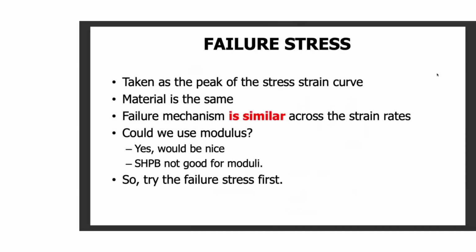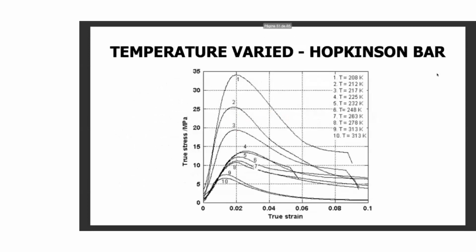We would like to use the modulus, but split Hopkinson pressure bars are not particularly good for measuring the moduli of material. So we tried the failure stress first because that seemed very reproducible across strain rate and across loading technique. And here we have a series of 10 experiments done at different temperatures.